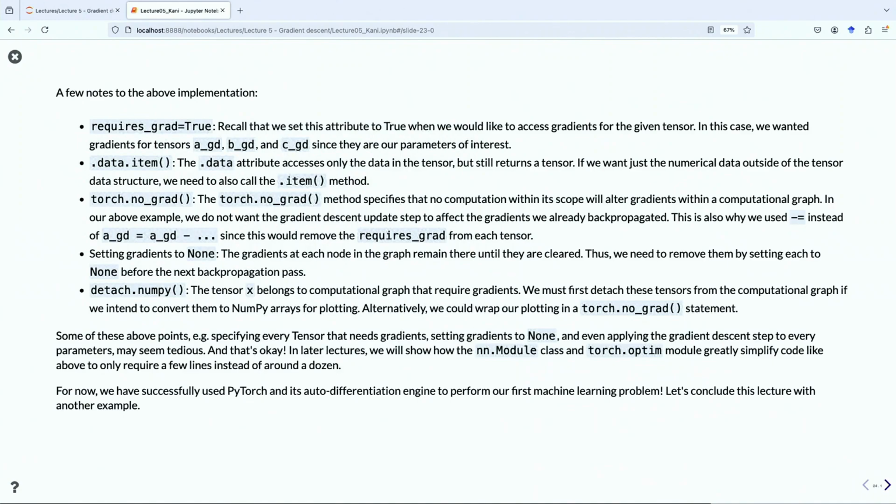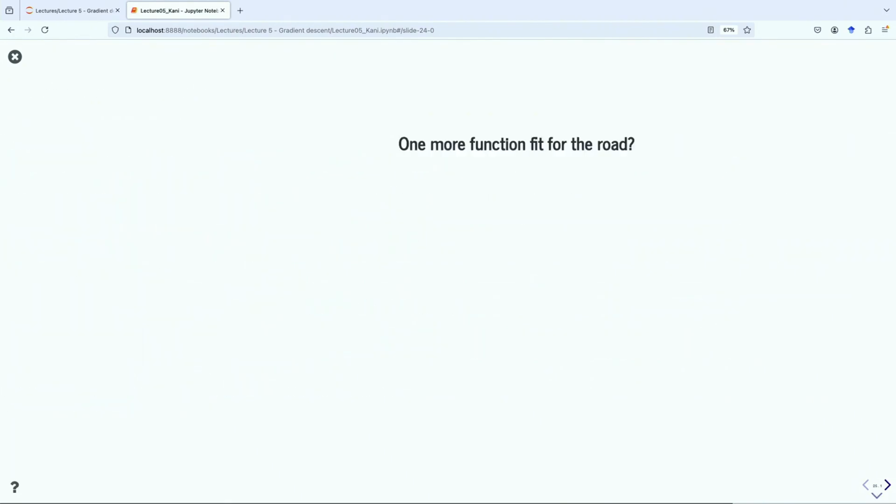It's good practice. But you could get away with not using, for instance, detach.numpy and torch.no_grad if you're not writing to the actual parameter value. But these are just things to be aware of. It's good practice, but you guys could experiment with your own and see what happens.